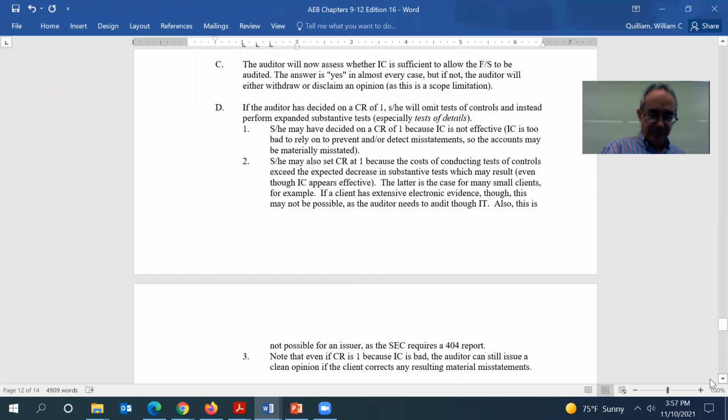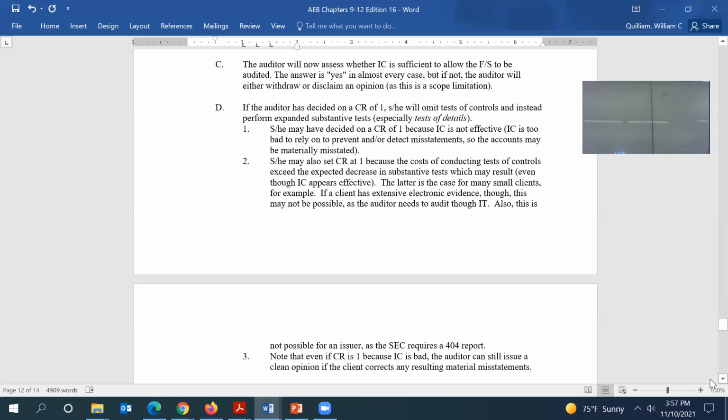Now let's see. The auditor is going to assess whether internal control is sufficient to allow the financial statements to be audited. And the answer is yes in almost every case. But if not, the auditor is either going to withdraw or disclaim an opinion. That's a scope limitation. Hopefully we would have found out about this fatal flaw back at client acceptance, and we would have rejected this client.